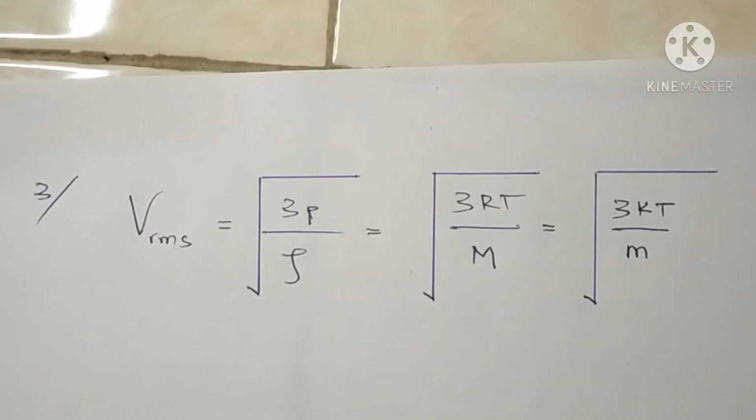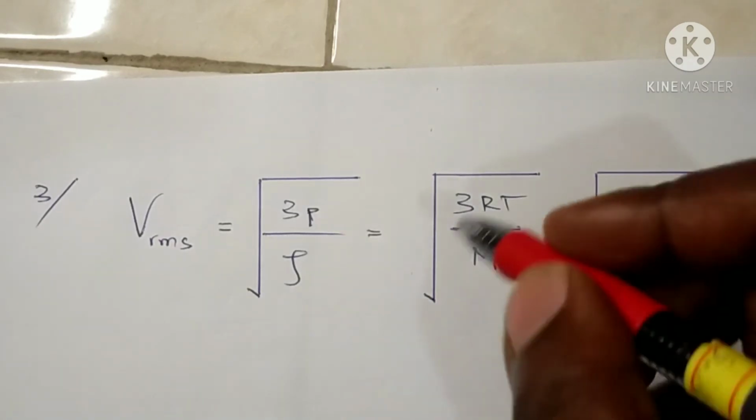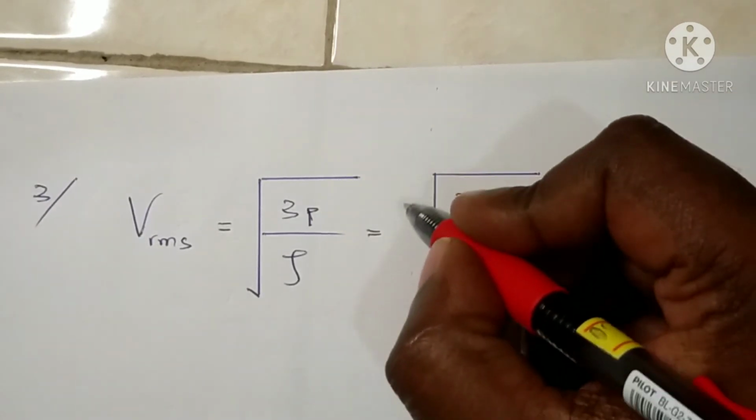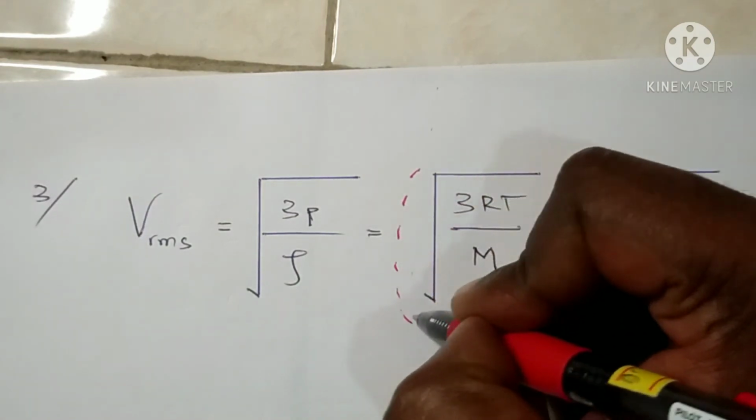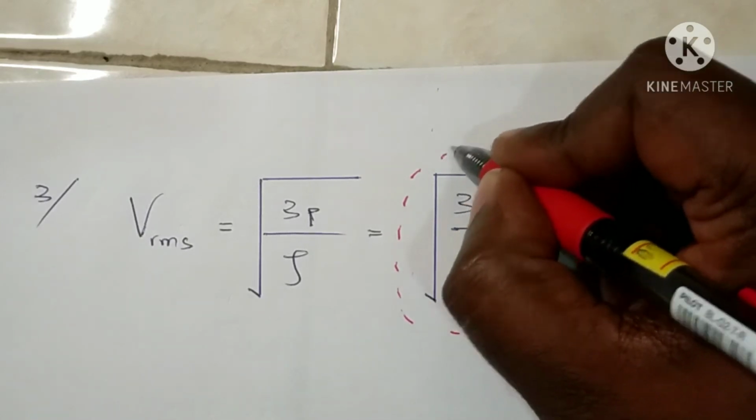To find the root mean square speed, we have 3 options. We can use these 3 formulas. Because the molar masses of oxygen and helium are given, we can use this formula to solve the problem.